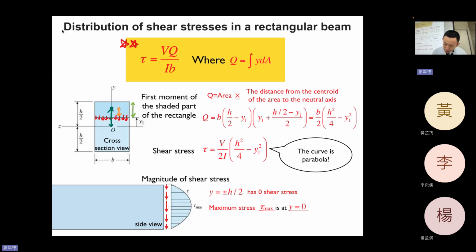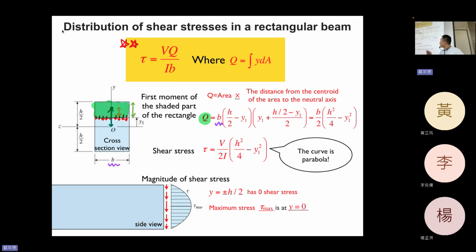Let me take a look at how to do that. Q here is the green area.